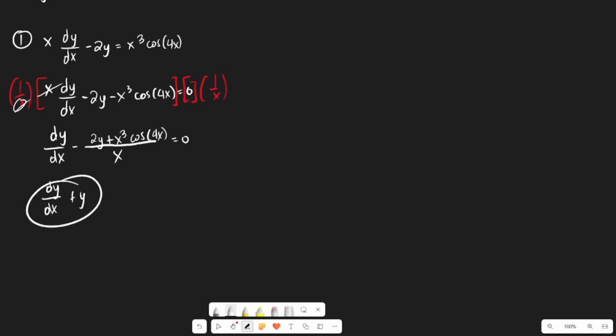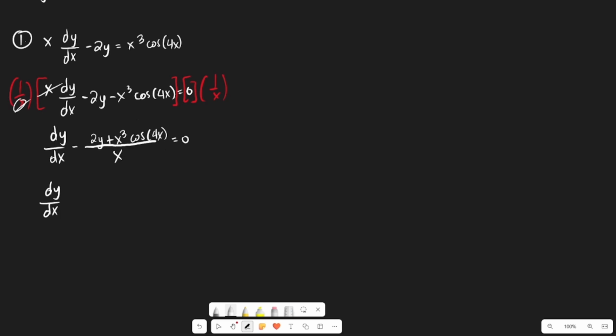So we need to have something like this. In order to have that, let's manipulate this whole fraction. We can separate it into two fractions, namely this first fraction and this second fraction.